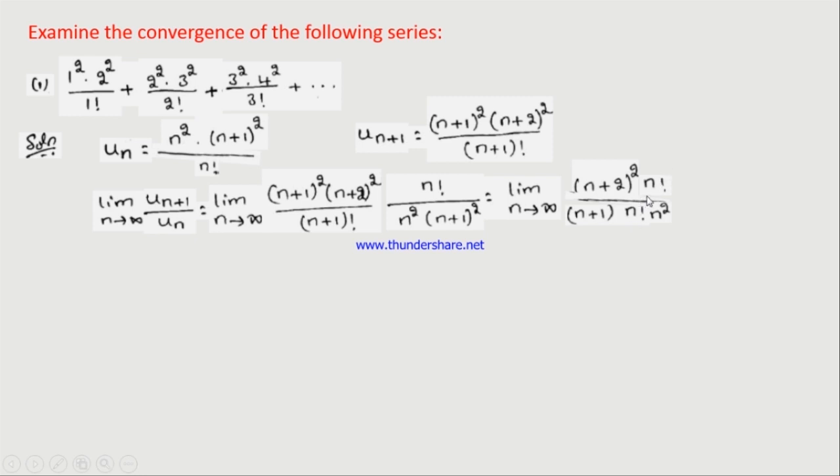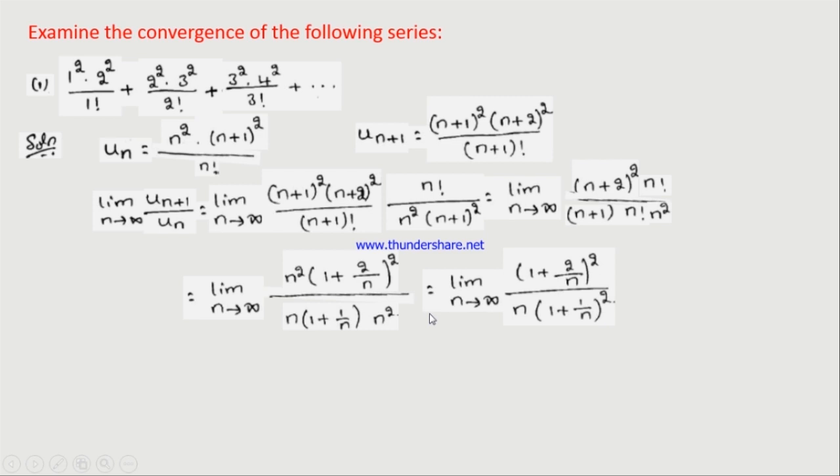So even this n factorial gets cancelled. Here I will take n common, because of the square we will get n square out, and here n will come out, and that will give us this expression. Here n square will get cancelled and we will get this expression.